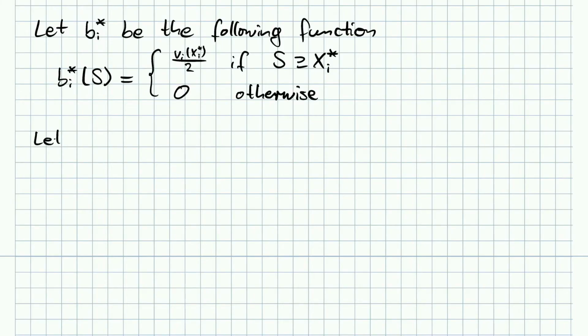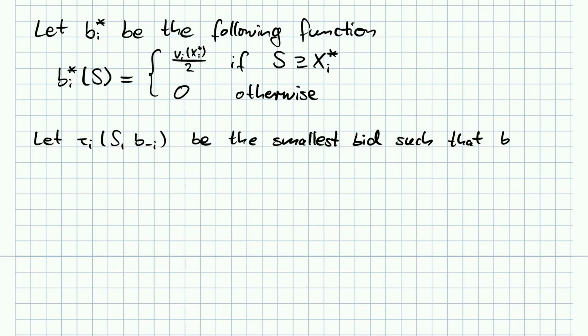We let tau i of s comma b minus i be the smallest bid such that bidder i wins set s against b minus i. This we might call the critical bid.